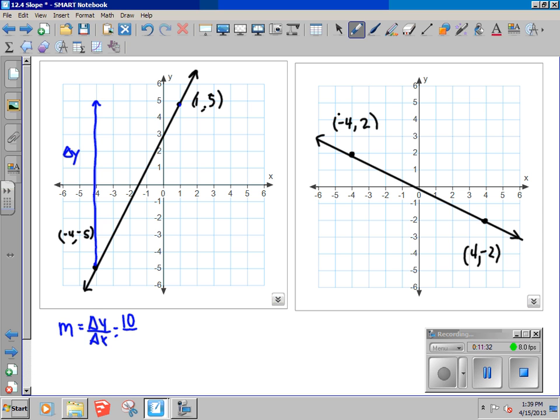My change in the x direction, I start here and I have to go over, over, over to here. That's my change in the x direction. How many units is that? Right? 5. 1, 2, 3, 4, 5. So my slope, the steepness of this line is the ratio of 10 to 5, which simplifies, Sophia, to just 2. So the slope of this line is 2.